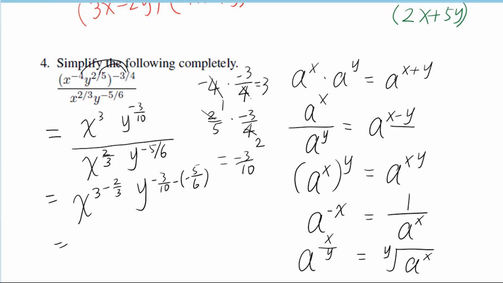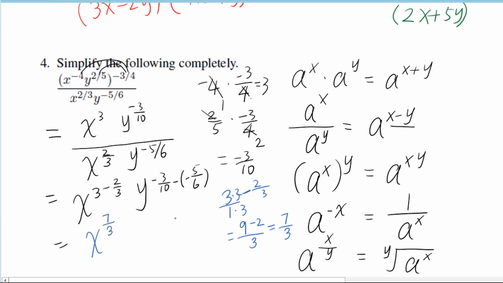So we will get 3 minus 2 over 3. This is a 1. We will make the same denominator, so that you will get 9 minus 2 over 3. That is a 7 over 3. So you will get x to the 7 over 3rd power.